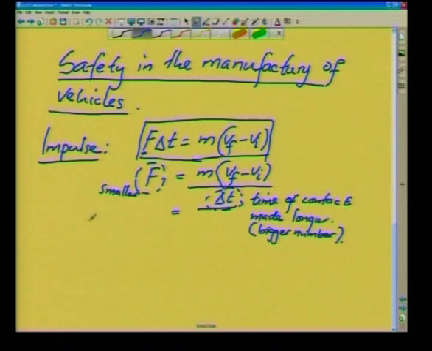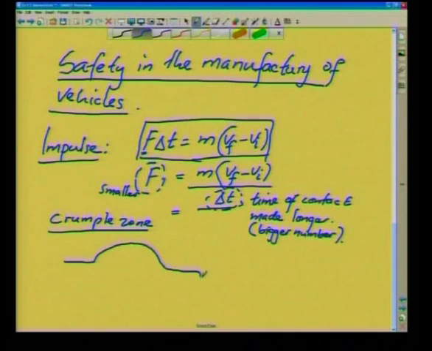These cars are manufactured in such a way that they've got what we call the crumple zone. So if this represents a modern car, I've made my modern car very ugly, but it's modern. Now look at it.